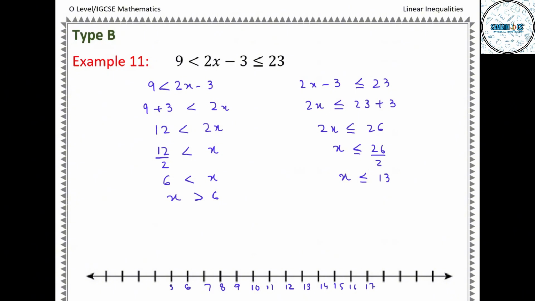And here we can mark 5, 4, 3, 2, 1. Now for x is greater than 6, we have to make a circle here, and all the values greater than 6 are the values of x.